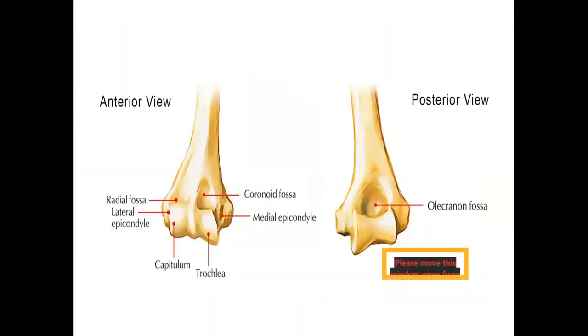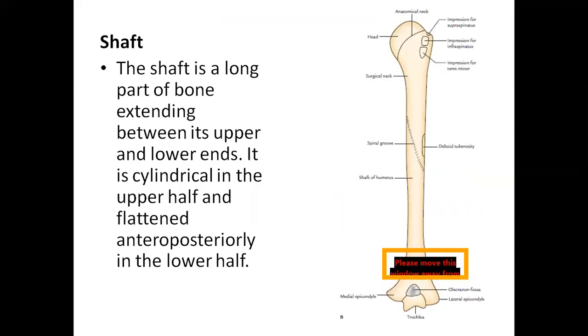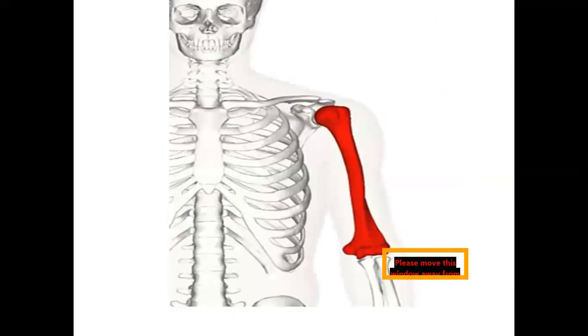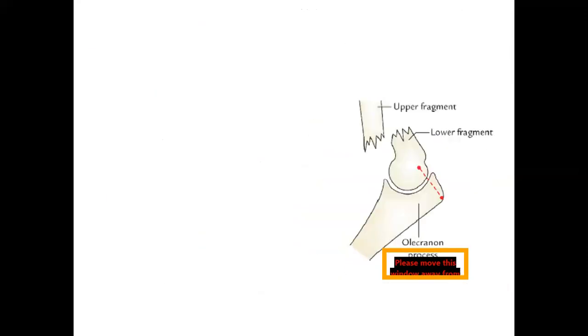Now all these borders and surfaces are described. Then comes the lower end. Before I take you to the lower end, I will also take you to the muscle attachments, with the pictures.